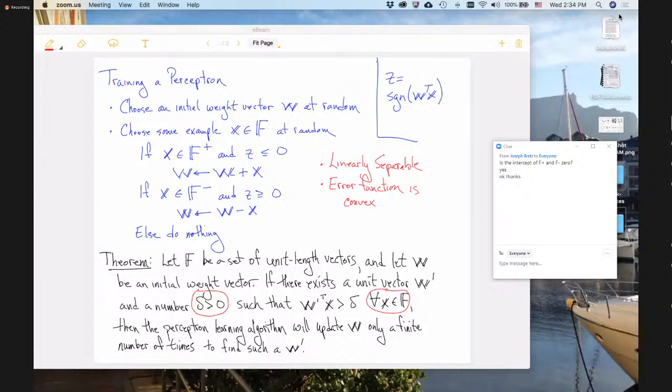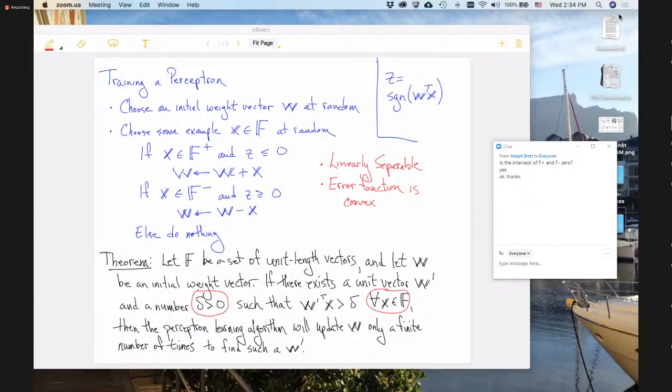And so this search algorithm is basically searching this convex function to find a minimum error position, and when it does, it stops. And the theorem is saying you only need a finite number of steps, a finite number of modifications to that weight vector to hit that minimum.